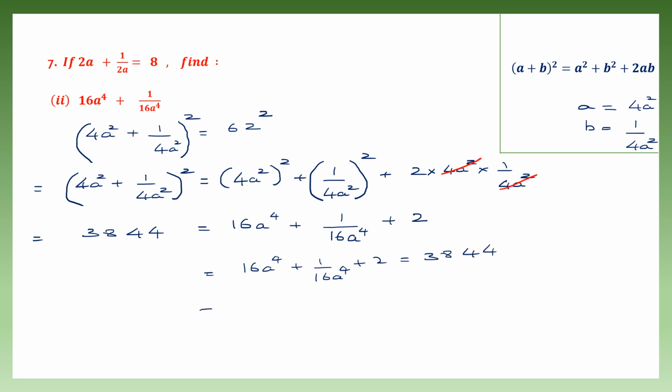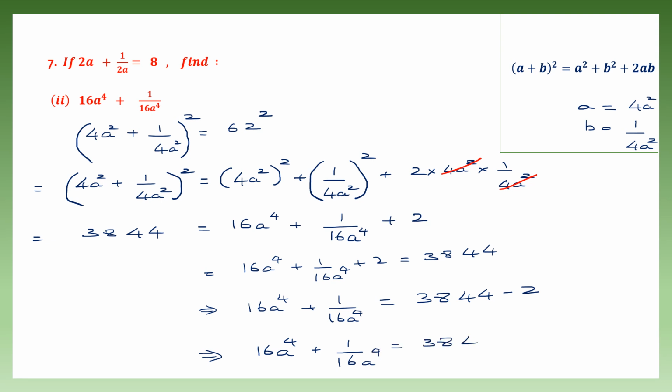Now if we have to find out only 16a to the power of 4 plus 1 by 16a to the power of 4, this will be 3844 minus 2. So let's get our answer. 16a raised to the power of 4 plus 1 by 16a raised to the power of 4 is equal to 3842. So this is our answer.